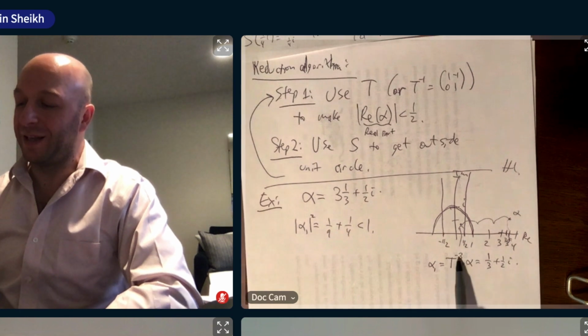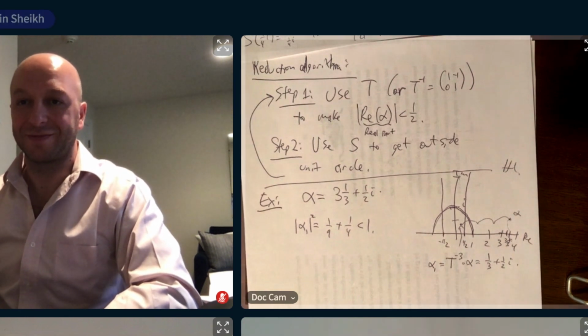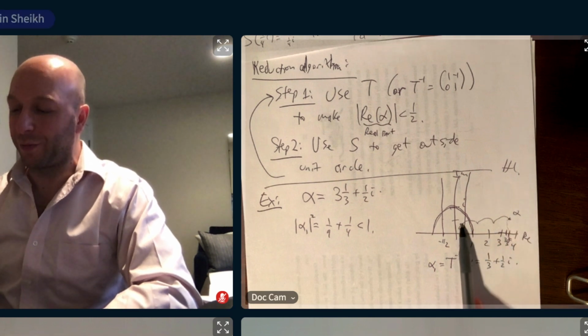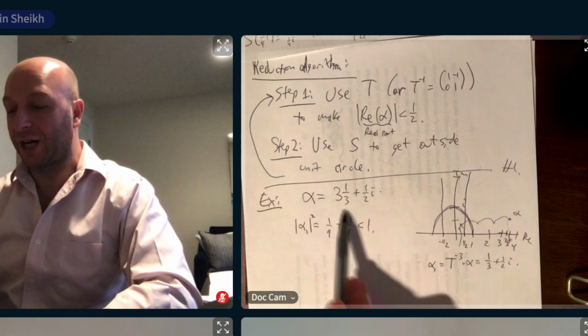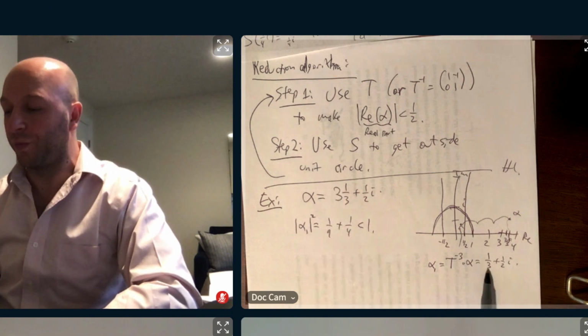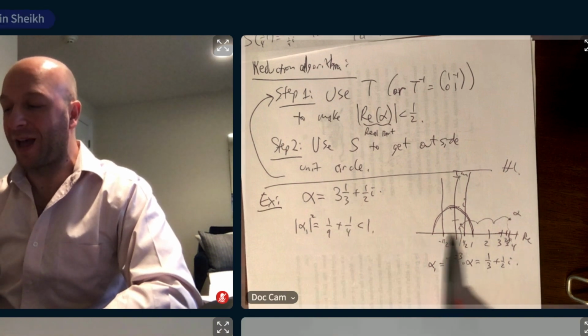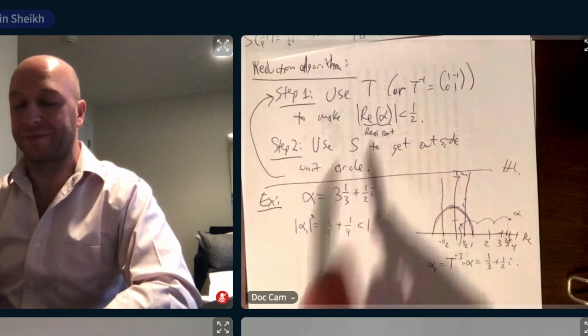So when I write T to the minus 3, what I really mean is apply T inverse 3 times. We did 3 steps of T inverse, and that cut the 3 off, and now we have just a 1/3. So we got the real part between minus a half and a half.